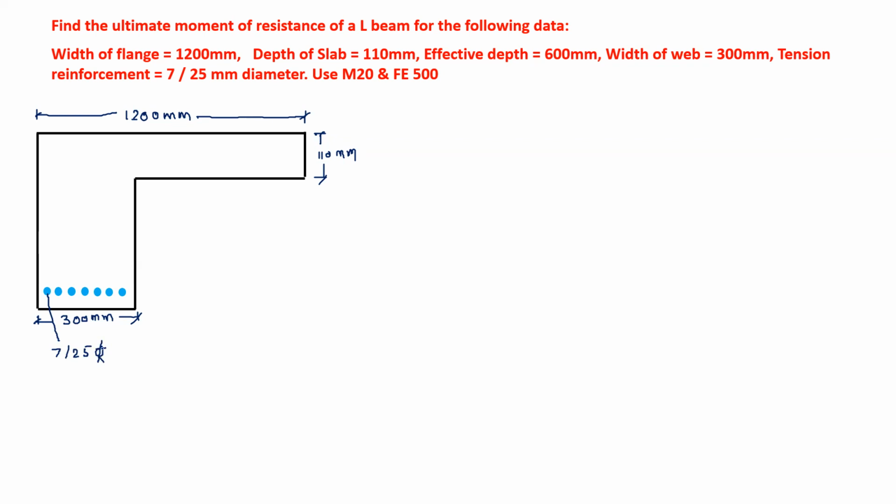If you calculate this area, AST equals 7 into pi by 4 into 25 square, and we have the value 3436.12 millimeter square.